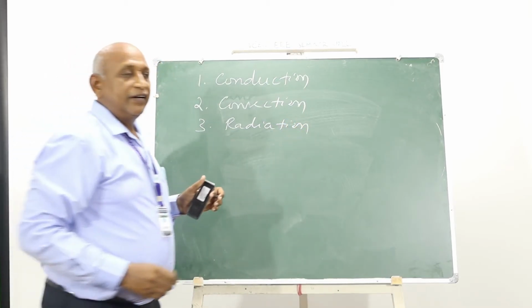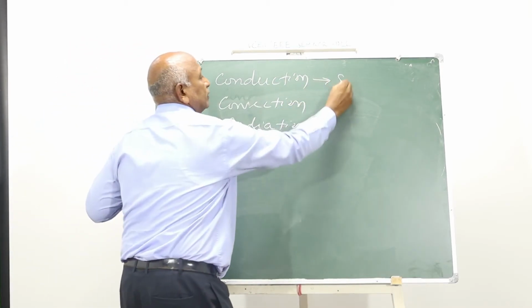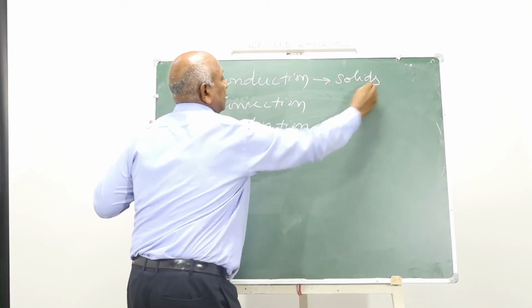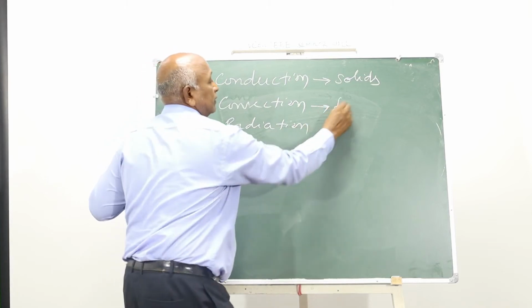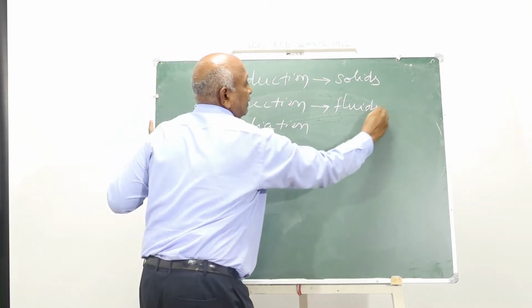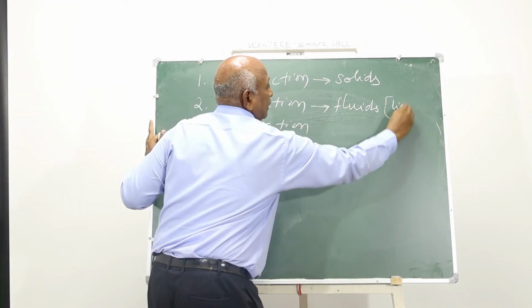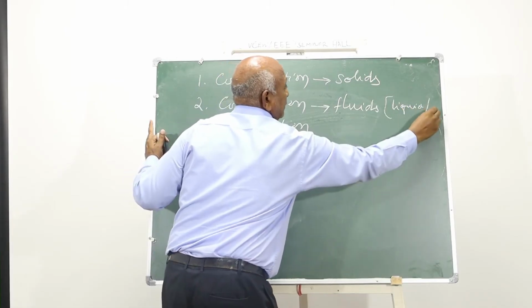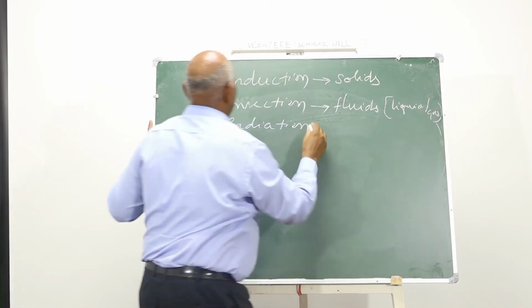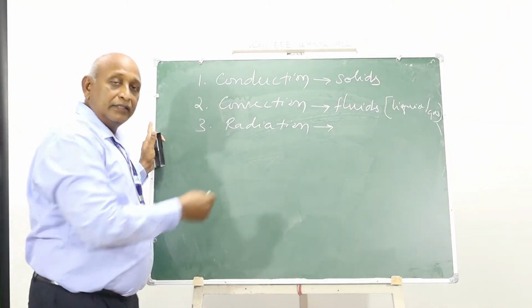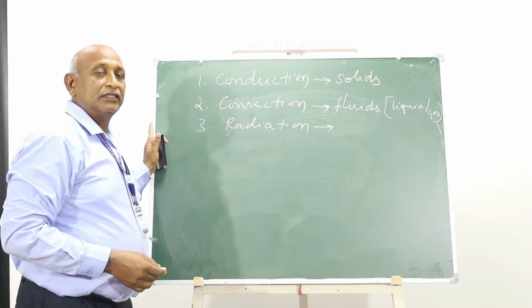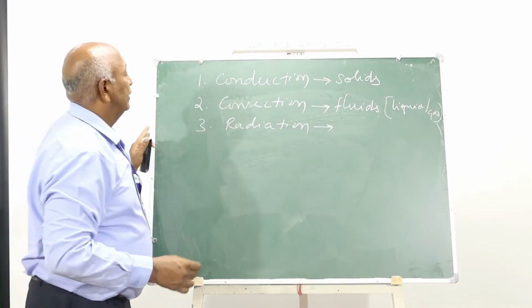The conduction mode of heat transfer takes place in solids, whereas convection heat transfer takes place in fluids. We know that fluid is nothing but liquid or gas. Radiation heat transfer occurs in vacuum also.